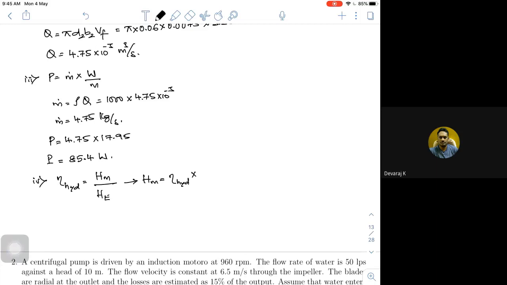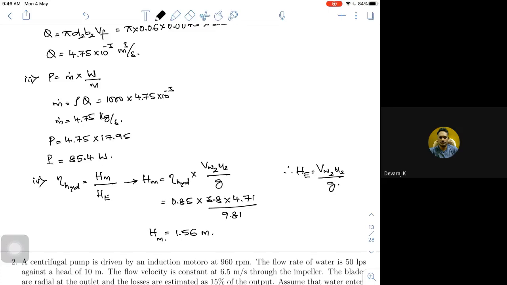So that is Vw2 into U2 by g, because your Euler head is equal to Vw2 into U2 divided by g. So how much is my hydraulic efficiency? It is 85% into my Vw2, already calculated, which is 3.8, into your U2 which is 4.71, divided by 9.81. So if I substitute, I'll be getting around 1.56 meters.